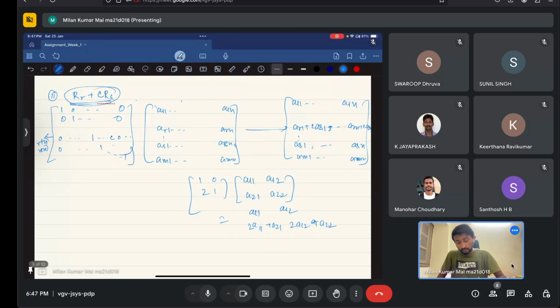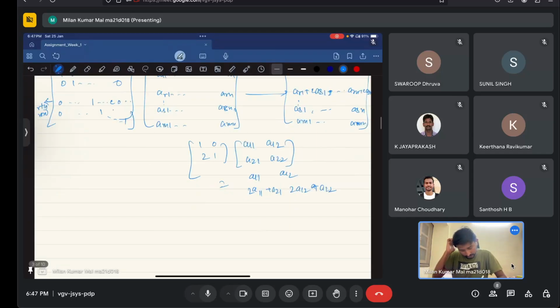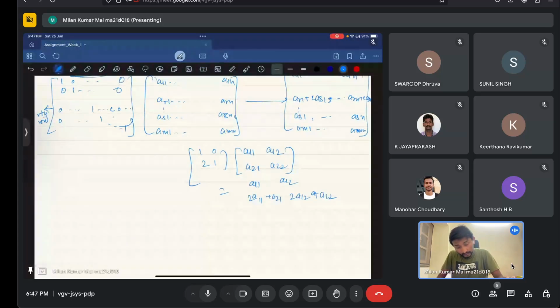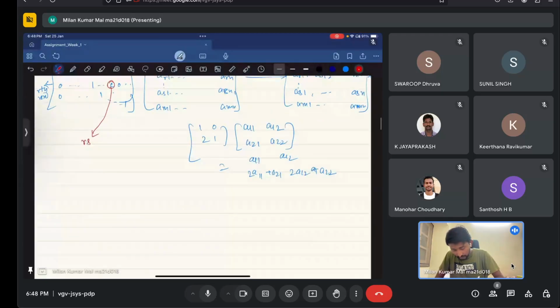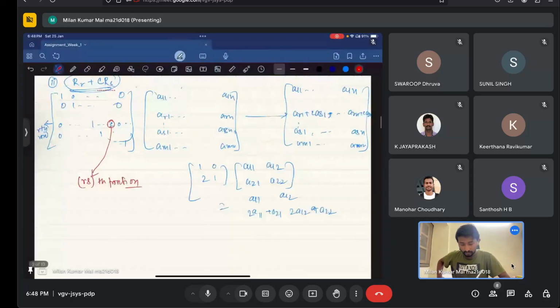Okay, so this position I'll just mark. This is the R comma S position, so there will be only c. But whatever c is, first note that this matrix is invertible, right?